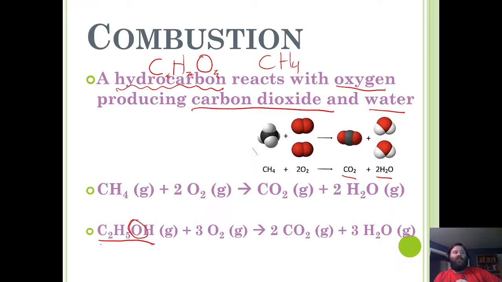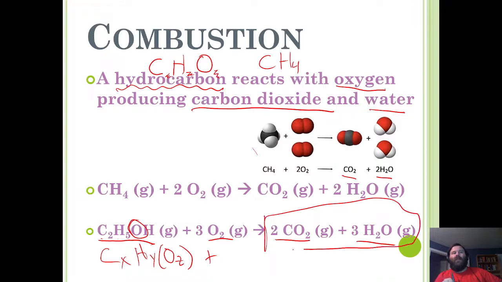But it's just something with CxHy, and possibly Oz, plus oxygen, which makes carbon dioxide and water. Really, the products here are how you can most easily identify combustion equations, because if it ends in carbon dioxide and water, it's going to be combustion.